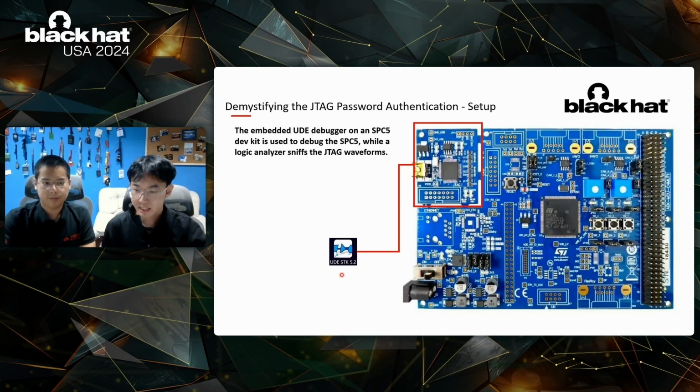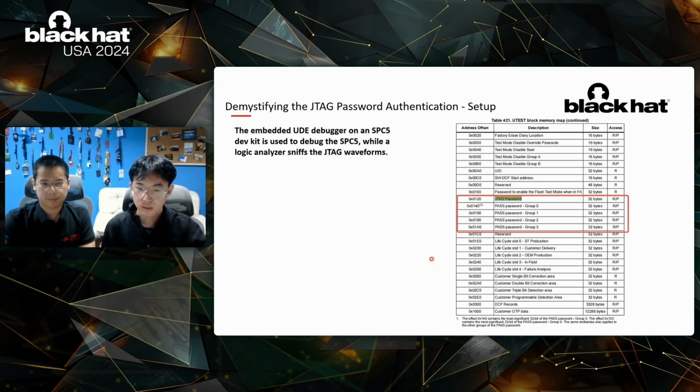In the development kit, we can identify the debugging hardware in the top left corner in a red box. The SPC58 stores the correct JTAG password in a one-time programmable OTP memory section, which can only be written once.